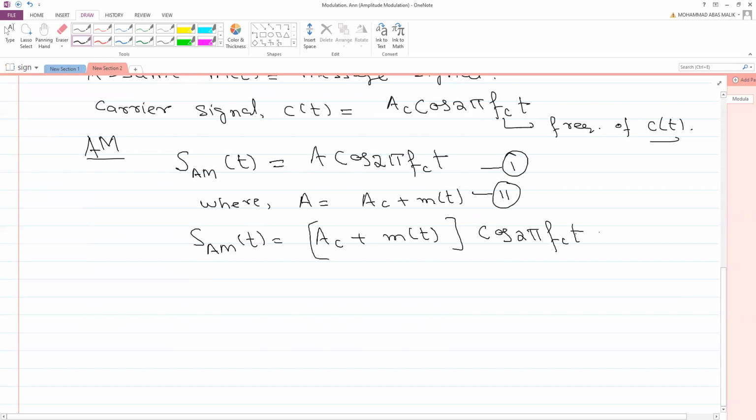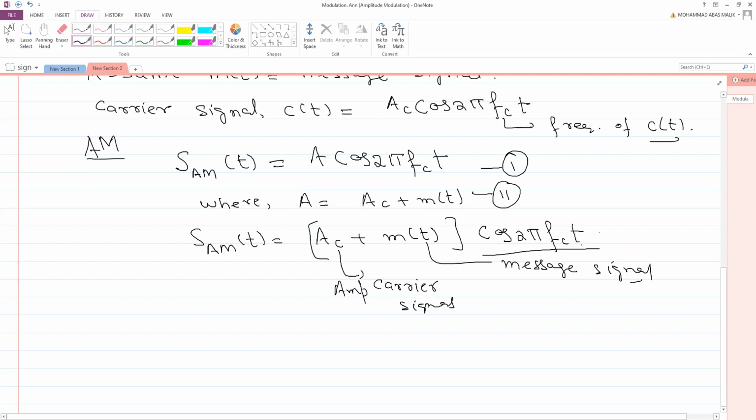This is s_AM(t), where Ac is nothing but the amplitude of the carrier signal, m(t) is your message signal, and this is your cos 2 pi fc t.